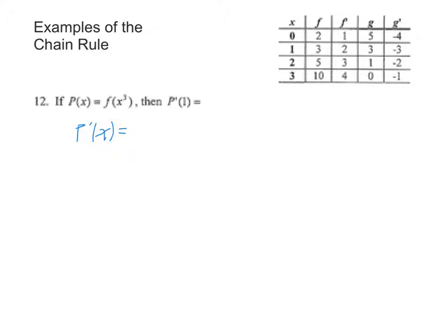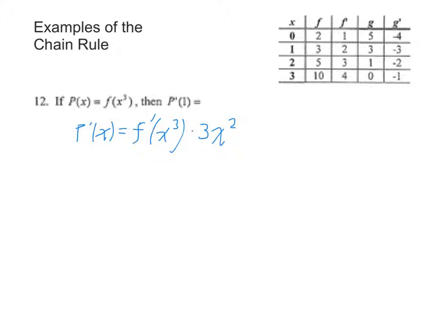So I'm going to use the same chain rule. It's the derivative of the outside, which is f prime of x cubed, times the derivative of the inside, 3x squared. Just so happens in this problem, I actually know what the value of g of x is equal to.